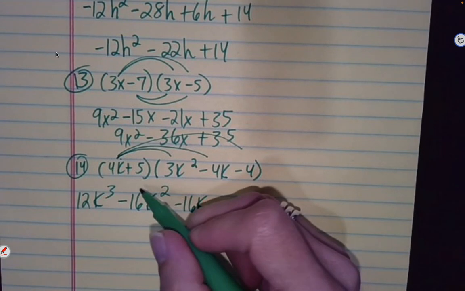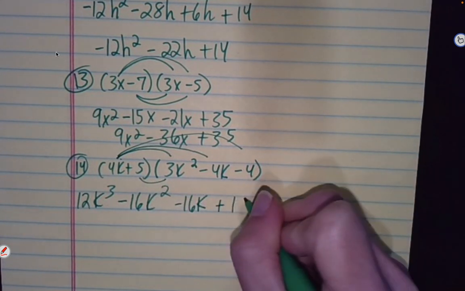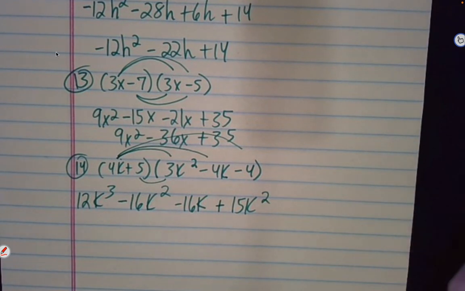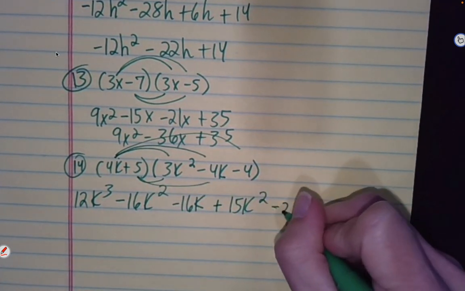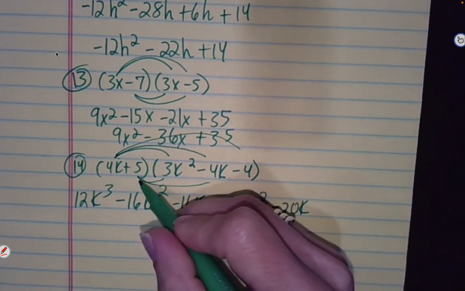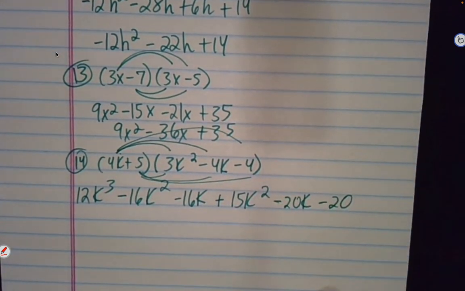Now let's keep going. 5 times 3K squared, 15K squared. 5 times negative 4K, negative 20K. And 5 times negative 4, negative 20. Okay? Now we just combine like terms, right?